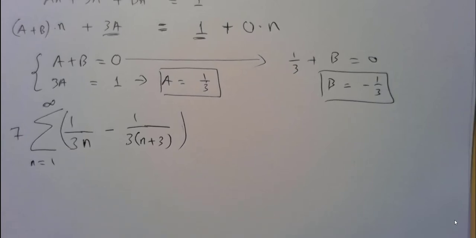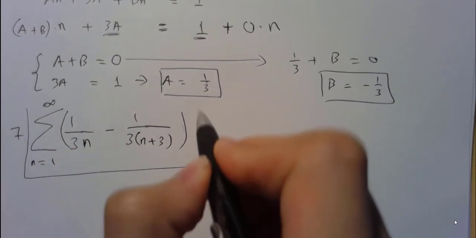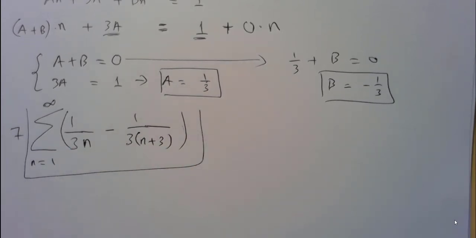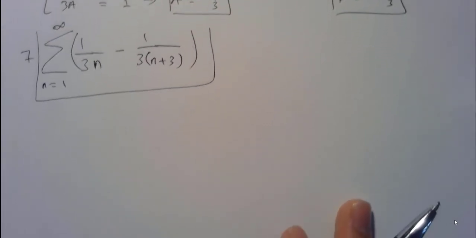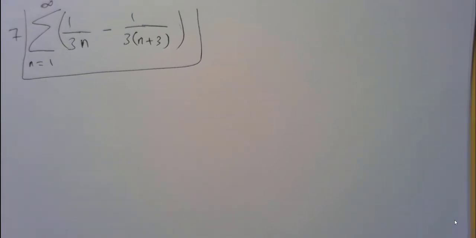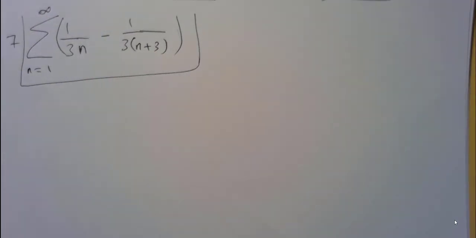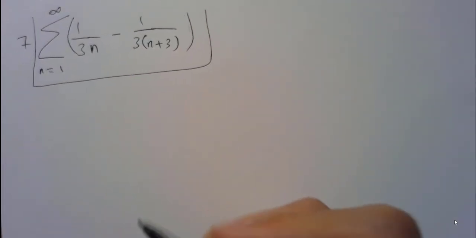You have to check that. Okay, so I need to check this series. Let's just keep the 7 in the front, because multiplying by 7 is just a constant, so it doesn't matter. You can multiply that later on. Okay, so let's check this one, if this is a telescoping series or not. Okay, we can do that very simply.